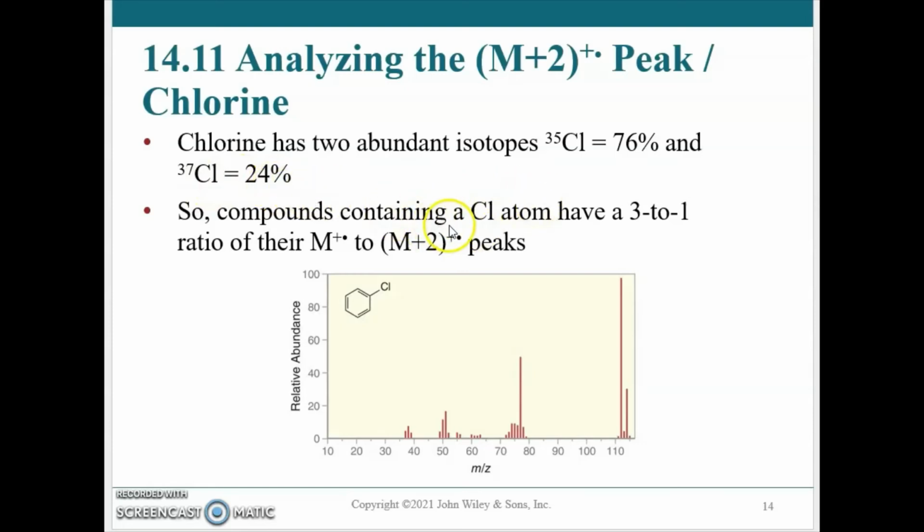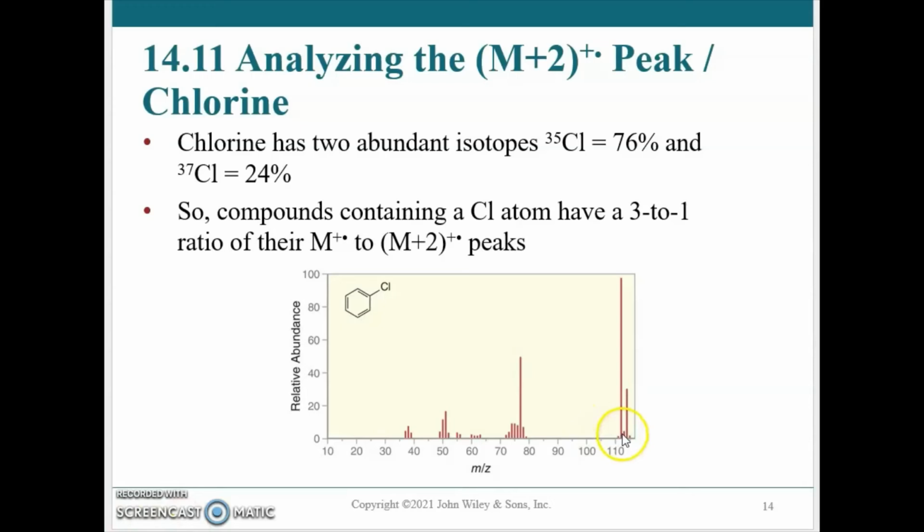So compounds containing chlorine will always show a 3-to-1 ratio of their molecular ion to the corresponding ion containing the higher isotope, the chlorine-37 isotope, which is the M+2 peak. So you see that here.